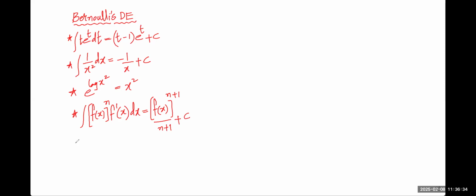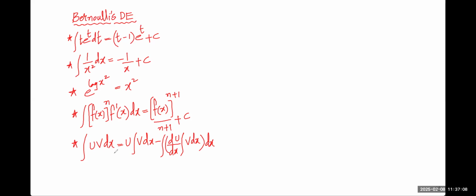And very, very important, integration by parts formula. Integration of uv dx: first function into integral of second function, minus integral of the derivative of the first function into integral of second function, and this one with all we have dx.